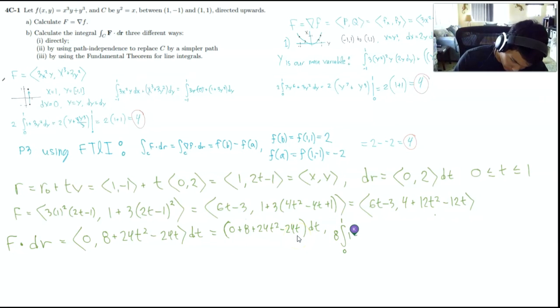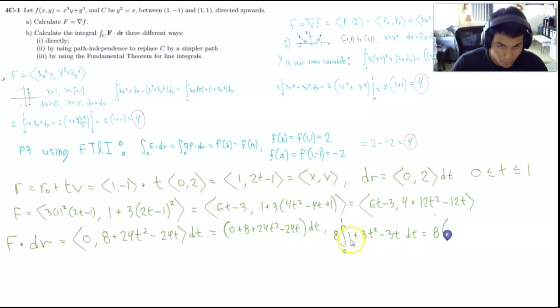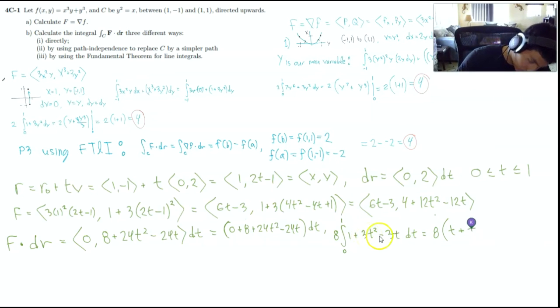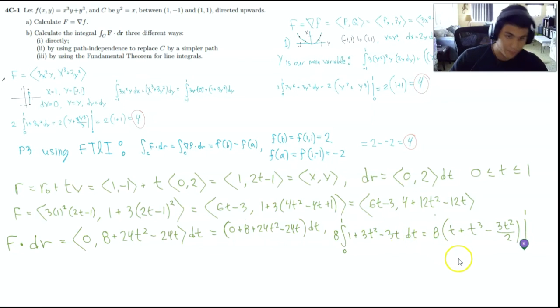So it'll be 1 plus 3t squared minus 3t dt, which is the same thing as 8 times t plus, 3t squared, its antiderivative is t cubed, and this antiderivative will be 3t squared over 2. And of course, all of this is going to be evaluated from 1 to 0.